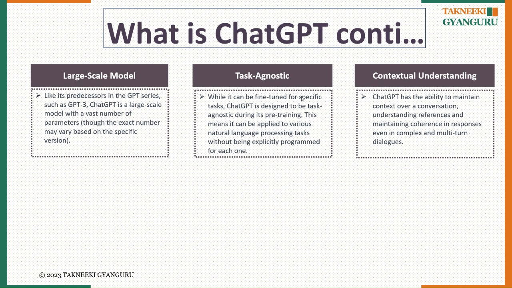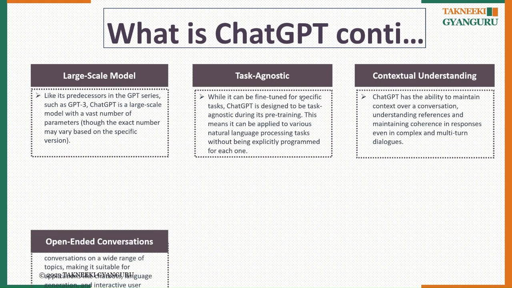Because ChatGPT understands he belongs to India, then he's talking about India, then he will give you the answer: the biggest river is Ganga, right? So that is context. Again, I'm saying the capital of India, so he will answer Delhi is the capital of India. That means he understands the context.